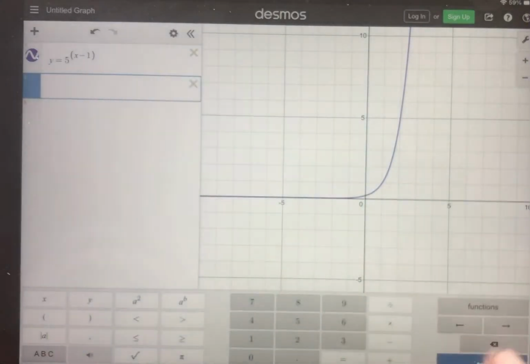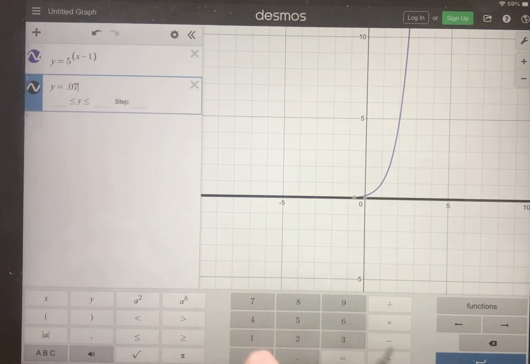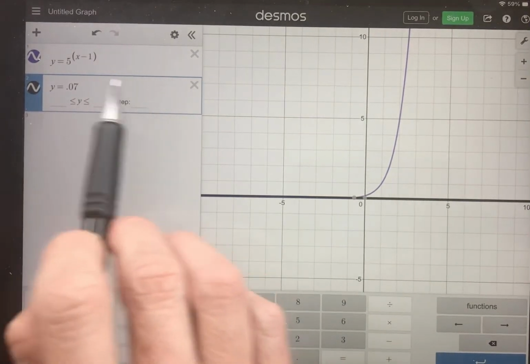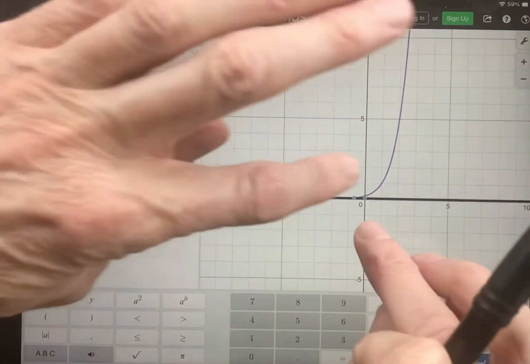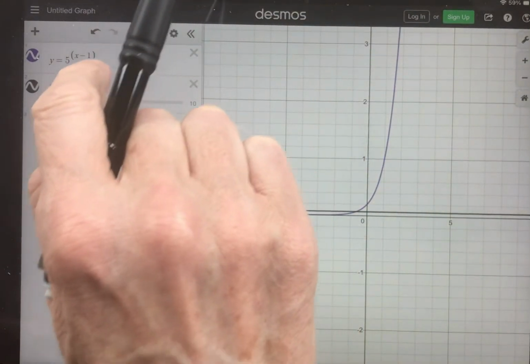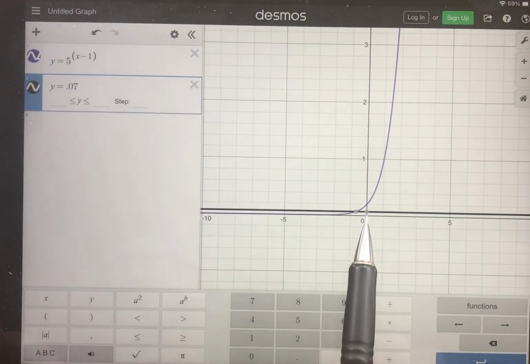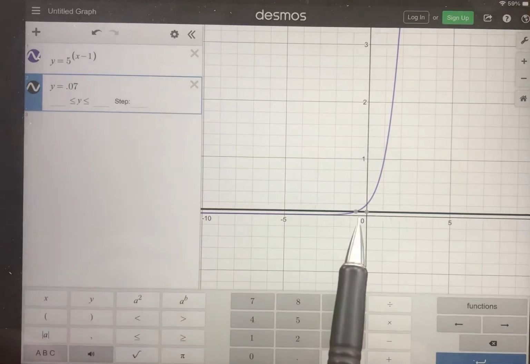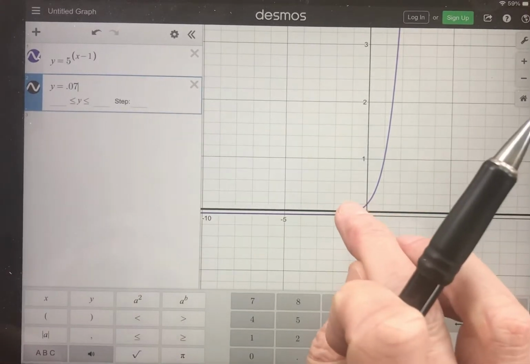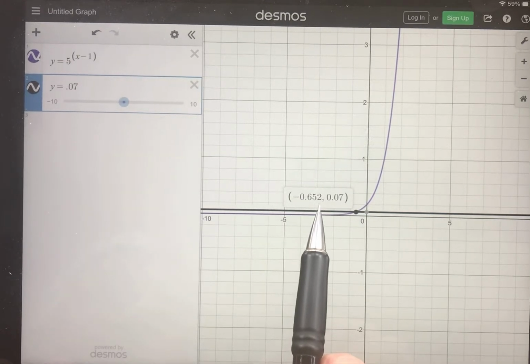Let's do the second one, which we know is a horizontal line. That one's going to be y is equal to 0.07. And because I'm highlighted here, this is highlighting that horizontal line. If I highlight this one, it shows me where the y-intercept is for this equation, and it shows me a key point, which is the intersection point, negative 0.652, which is what I got.